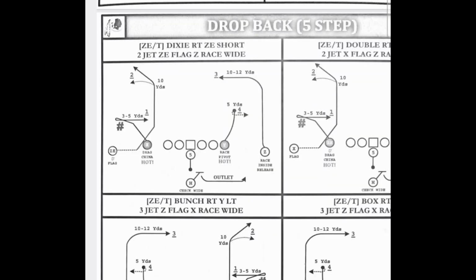Now, this diagram here is a picture of Sean McVay's version from his time in Washington of the bow concept. And as you can see, it's a little bit different on the front side compared to what we saw in the original version from Kyle Shanahan, but the backside component is still the same. The other thing that's different about the way that it is drawn up in this playbook with McVay is that instead of a high-low read of some sort, you are seeing a low to high read on the front side.